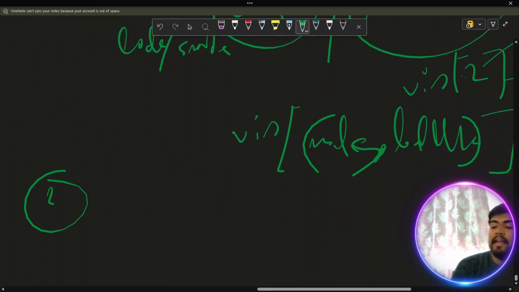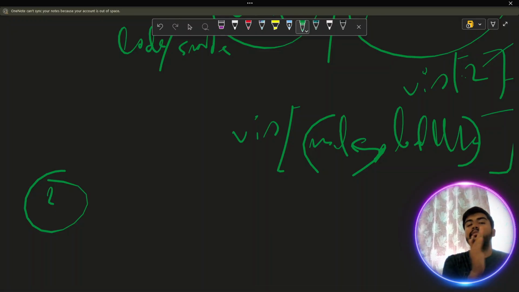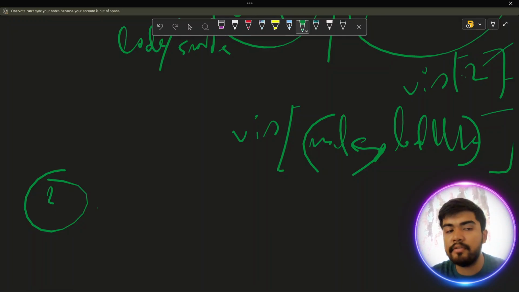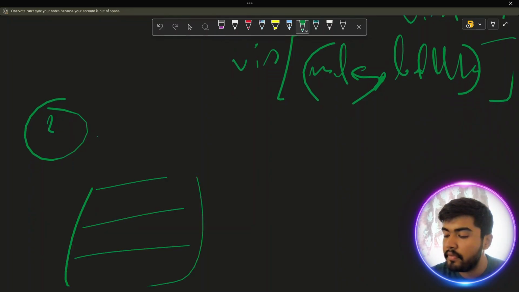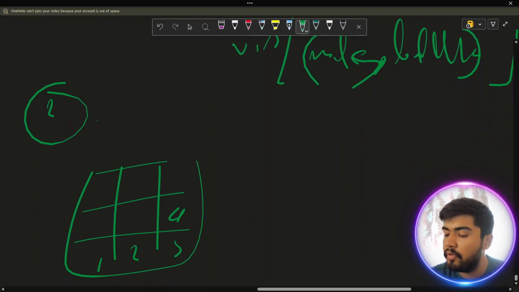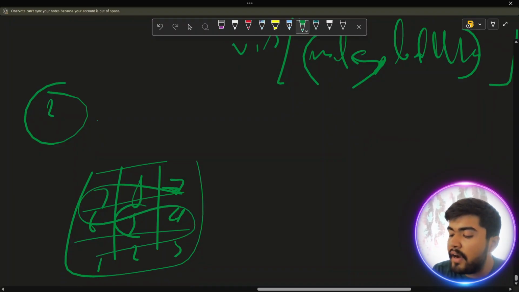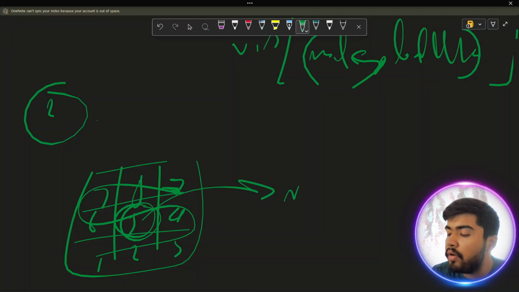The second thing: we know the Boustrophedon way of writing, how the board numbering actually goes. It goes 1, 2, 3, 4, 5, 6, 7, 8, 9, like this, right? So if I am landing on a particular cell, I definitely need its row and column value.